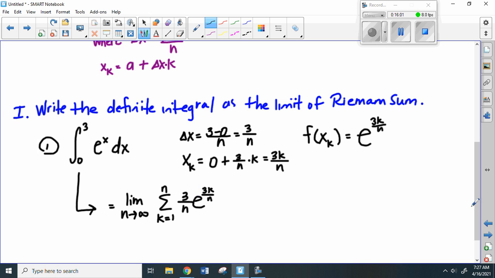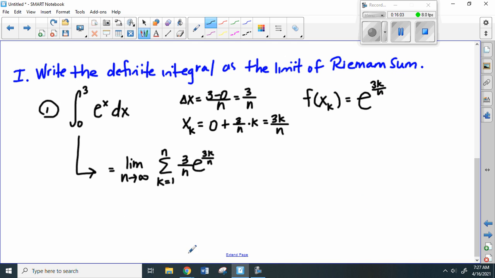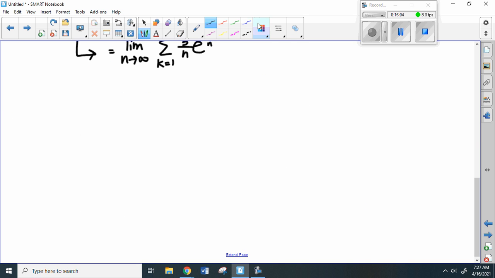Now, let's do another one where I'm giving you some similar information. Let's do the one from our earlier example: the integral from 1 to 4 of e to the x dx. Now, I'm not actually asking you to integrate. I'm just asking you to turn it into the limit of a Riemann sum.